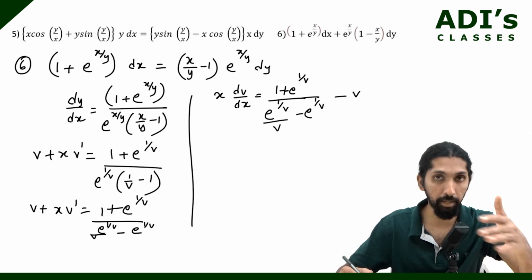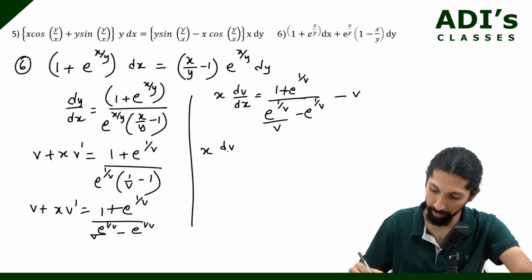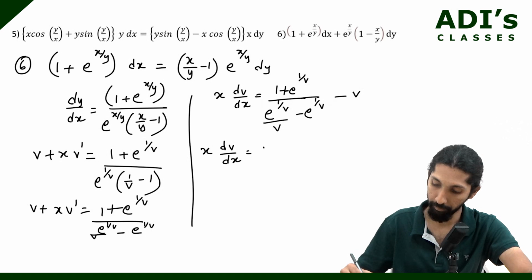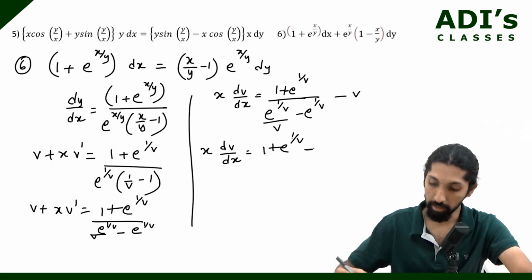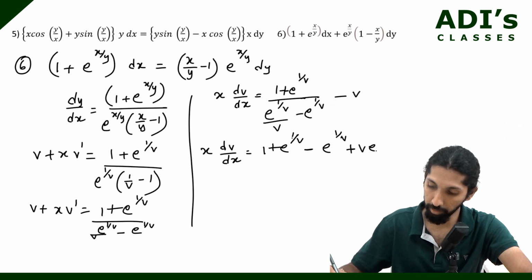So x into dv by dx equals 1 plus, minus e to the power 1 by v, plus v into e power 1 by v, by this one.